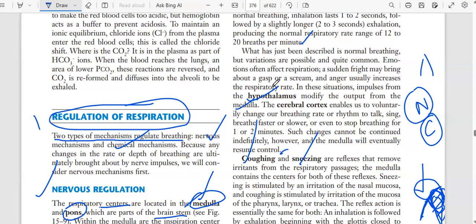These are the voluntary areas. The cerebral cortex will give the information to the respiratory centers that I am talking, so you have to modify your respiratory rate according to that, for singing or a slow walk. The respiratory center will modify accordingly. These centers also help the medulla and pons, but the main centers are the medulla and pons only.